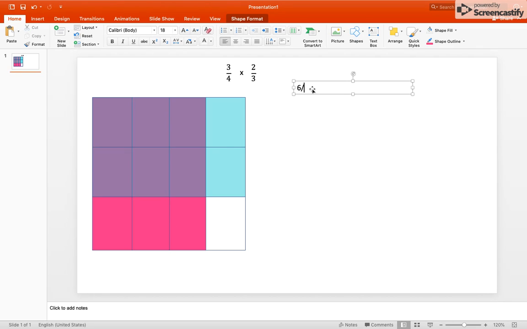I created 12 new sections. So 6 of those 12 were this purple color, and then there were 12 new sections altogether. So my answer to this problem would be 6/12. And if your students are far enough to simplify fractions, we could figure out that that is equivalent to 1/2.